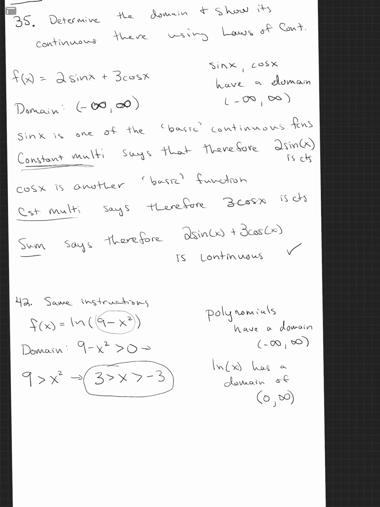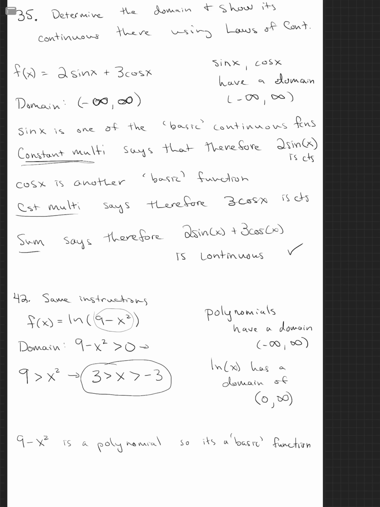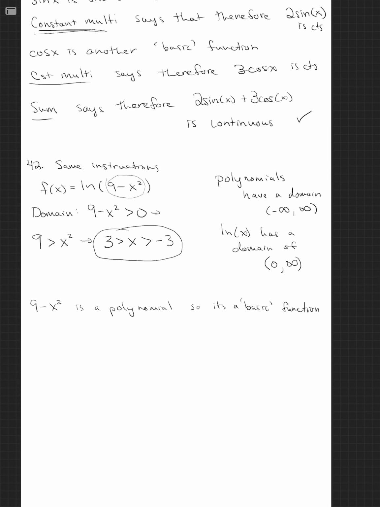And we need to show it's continuous using the laws of continuity, right? So 9 minus x squared is a polynomial. So it's a basic function. ln of x is a basic function.